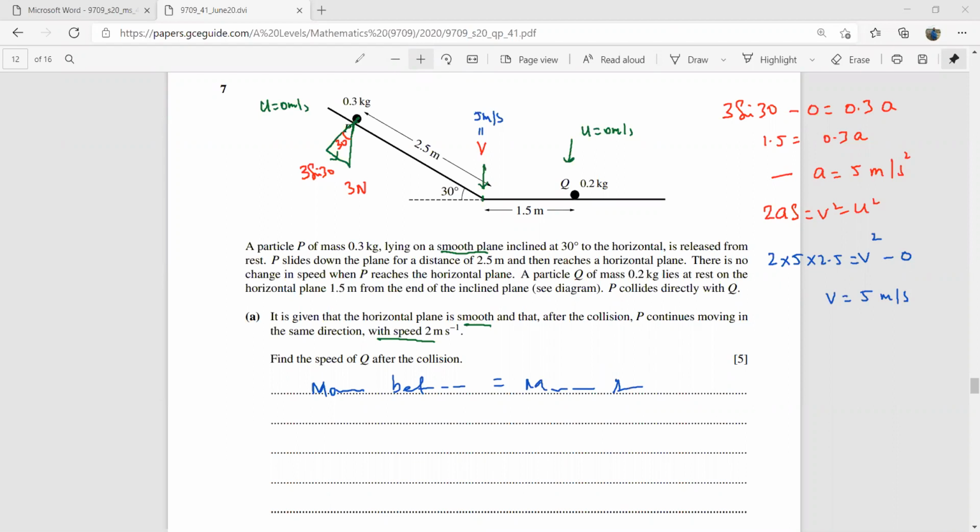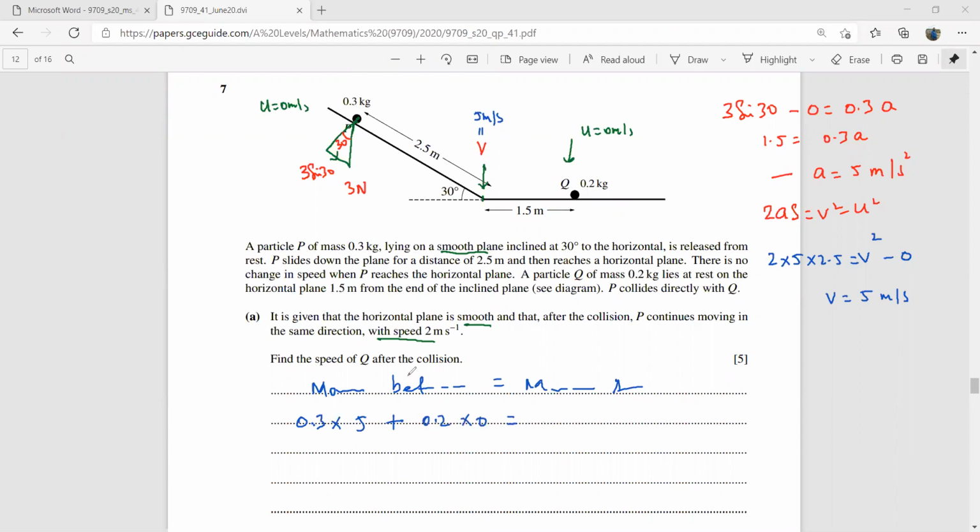So guys, momentum before the collision: the mass of this P is 0.3, and before it is going to hit, its speed is 5, plus the mass of this is going to be 0.2, and this was at rest.